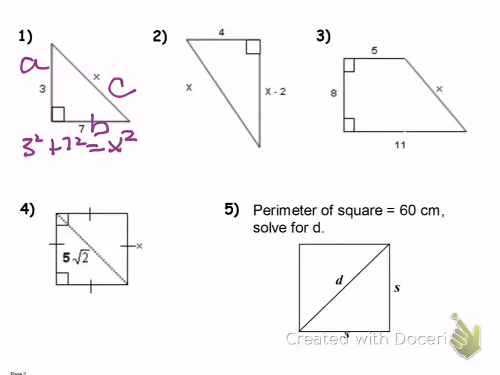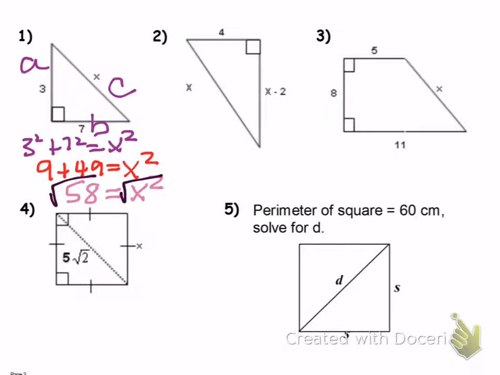At that point, you could have probably just said that's 9 plus 49, but for the video purposes, I'm going to write out all the steps. So it'd be 9 plus 49 equals x squared, okay, which is going to be 58 equals x squared, and to remove that squared, we need to take the square root.